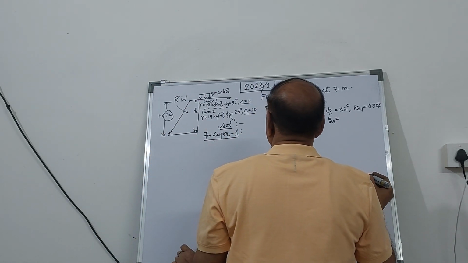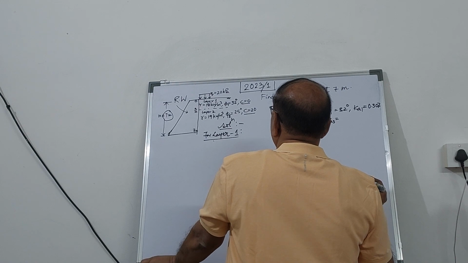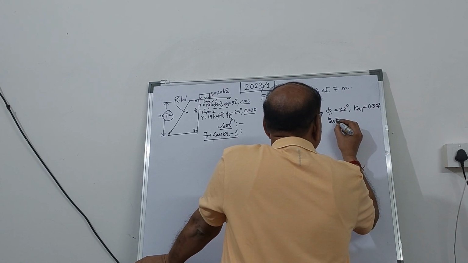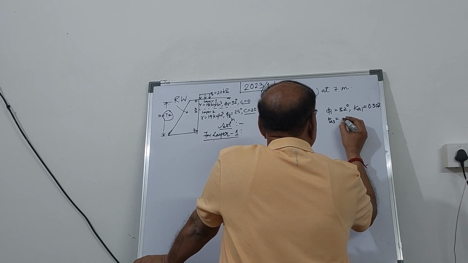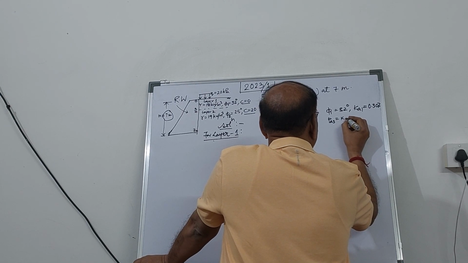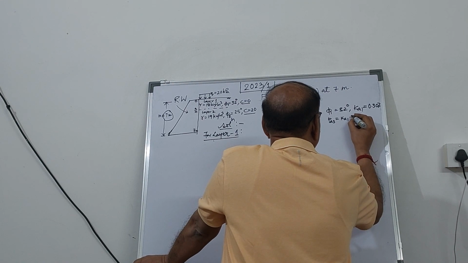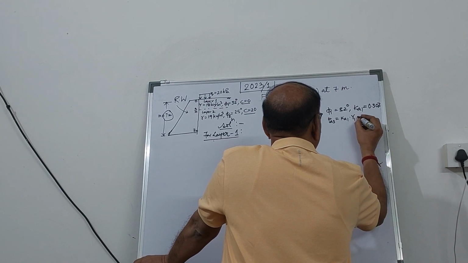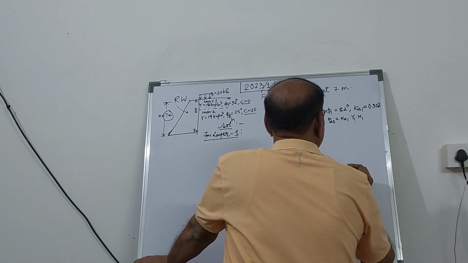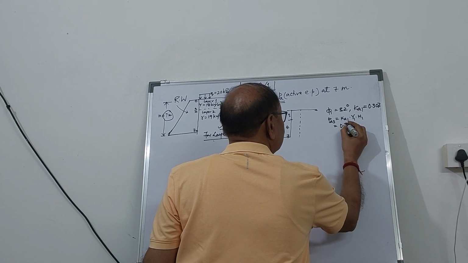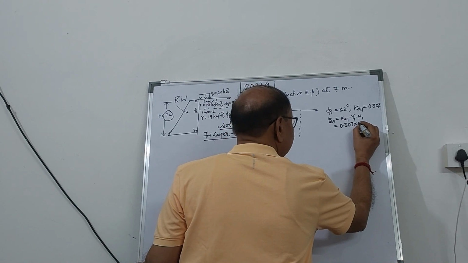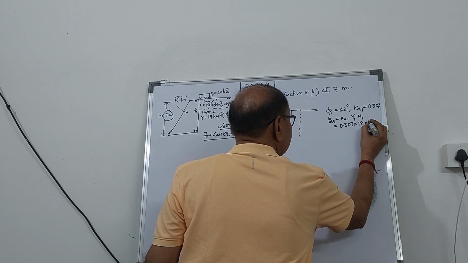So PA3 due to layer 1 will be Ka1 into gamma 1 into H1, so this becomes equal to 0.307 multiplied by 18 multiplied by 3.